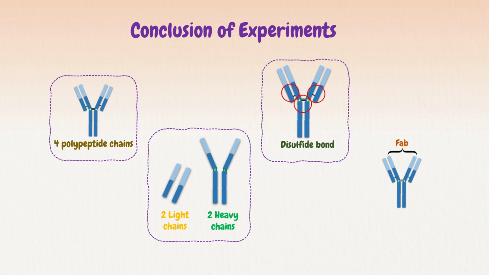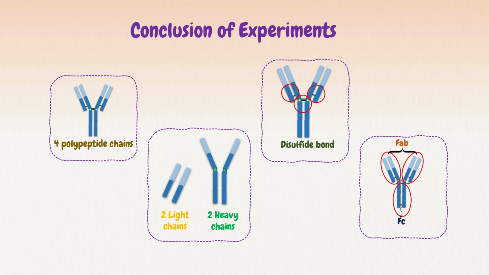The 2 heavy chains are also connected to one another via disulfide bonds located outside of the antigen-binding regions. Each antibody molecule has 2 antigen-binding sites called Fab regions, and 1 crystallizable region called the Fc region. The antigen-binding sites are made up of components of both the heavy and light chains, whereas the Fc region is made of only heavy chains.